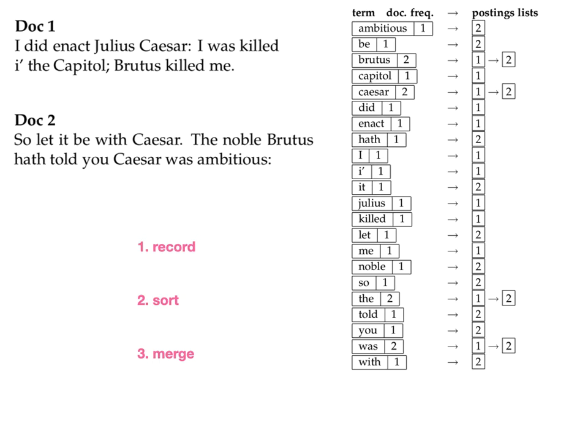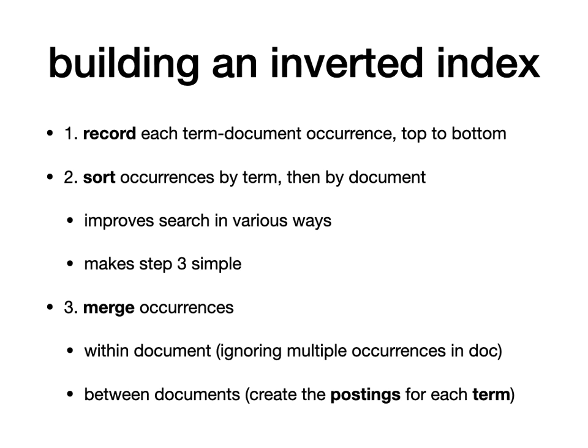So that brings us to how to build an inverted index. These steps are all key, but the very first thing is just to run through and write it all down: term, document, term, document, term, document. Then the sorting helps with all the rest of the processing that we do, both right now and in the future.